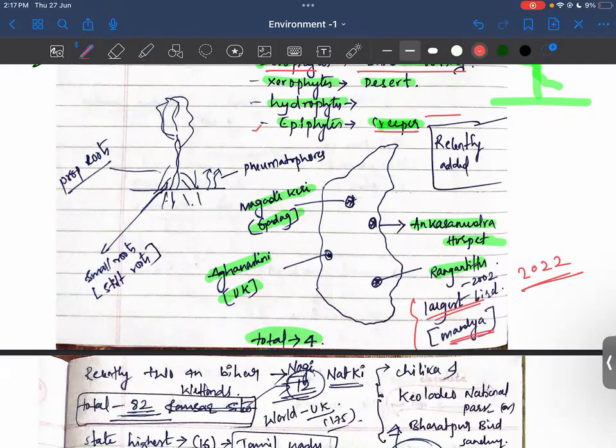So one more important point I wanted to add: Aghanashini is a river which flows west side and joins the Arabian Sea, and there is also a famous waterfall which is called as Unchalli waterfall or Lushington. So these are other names located on Aghanashini river.